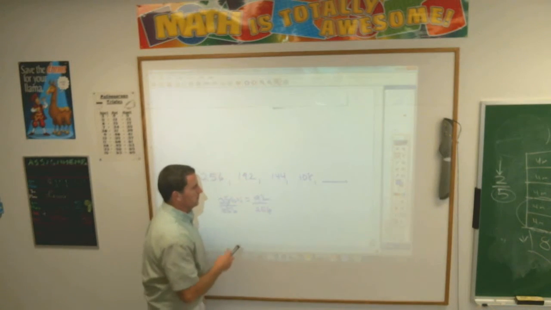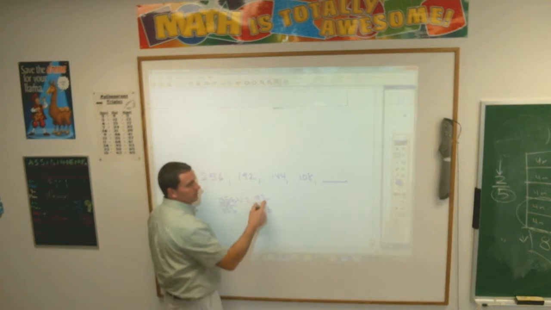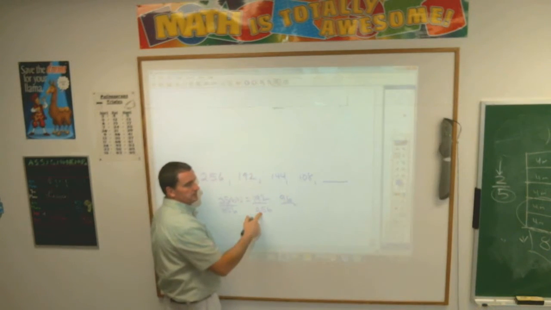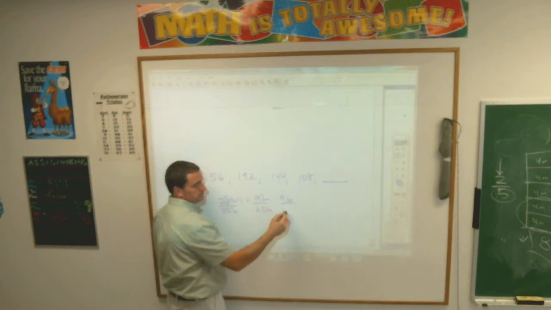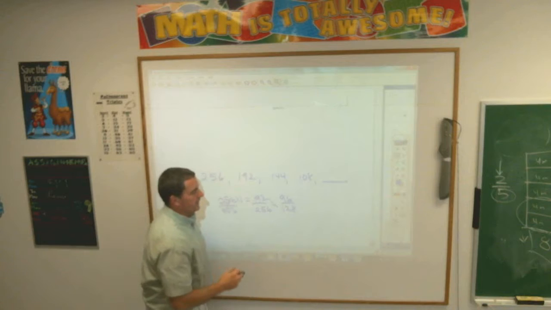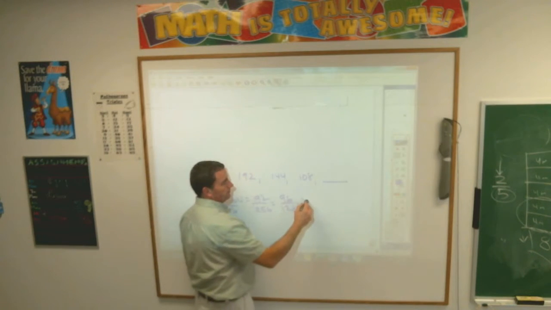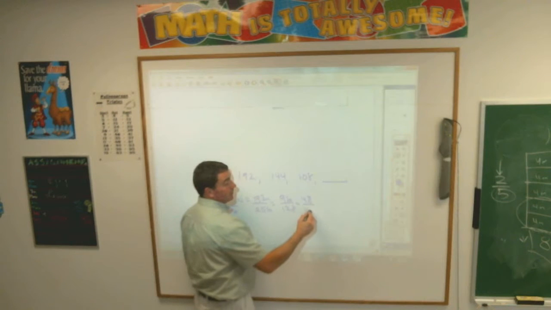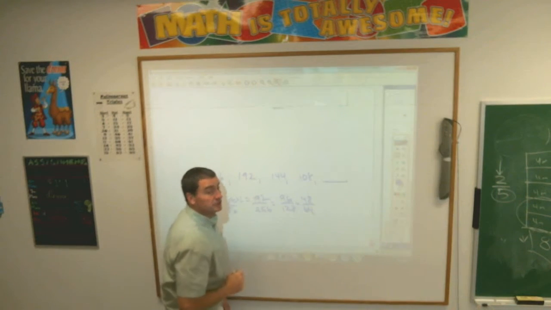Since they're both even, let's at least cut it in half. Half of 192 is 96, half of 256 is 128. Cut them in half again. Half of 96 is 48, half of 128 is 64. These numbers are starting to look nicer now.